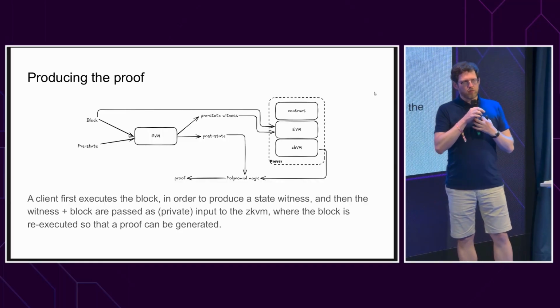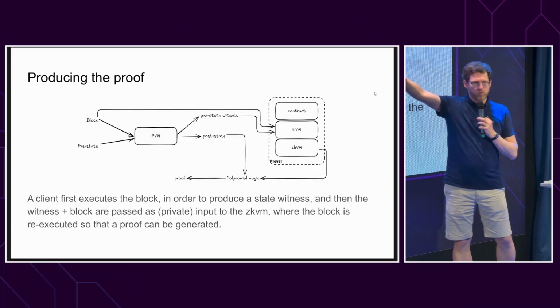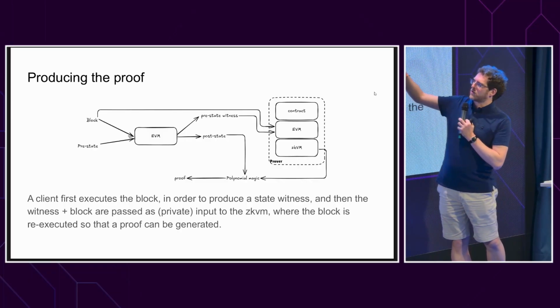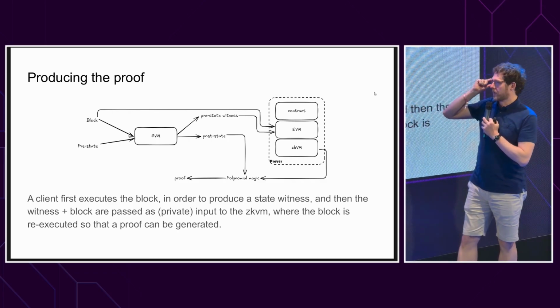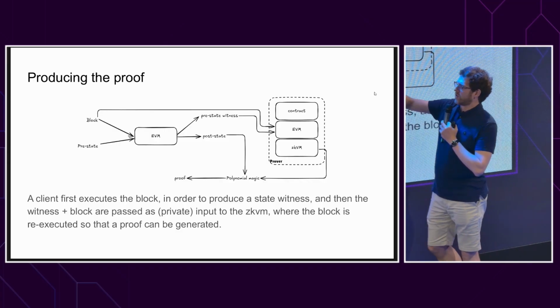So this is what the new diagram happens to be in the ZkVM world. I made some design decisions. You could argue that you don't really need to run the same old thing as before, but this is the choice I've made for the sake of simplicity.